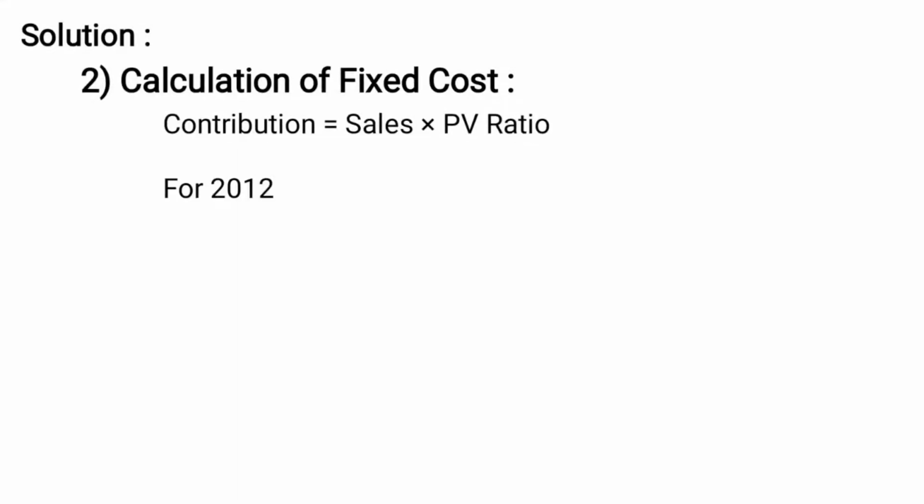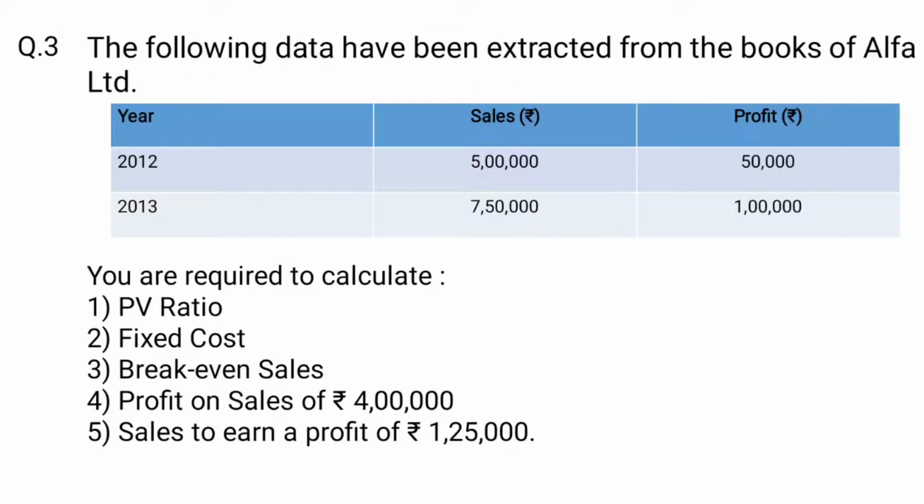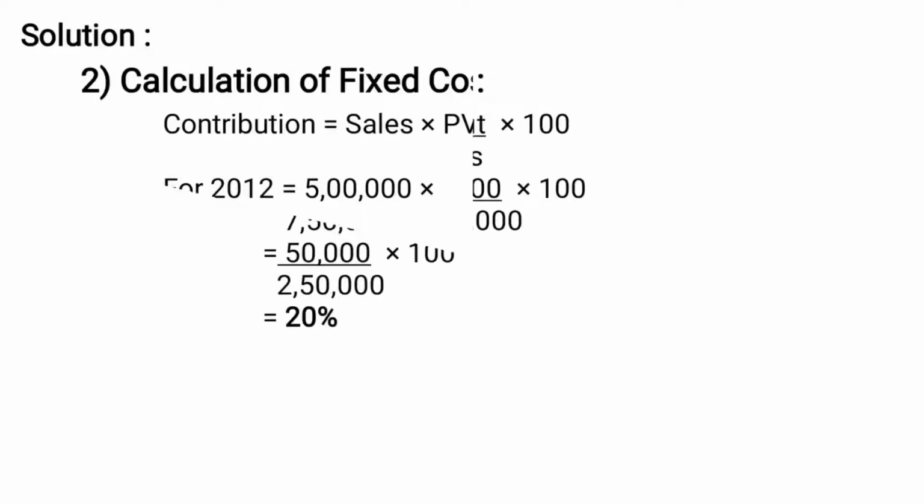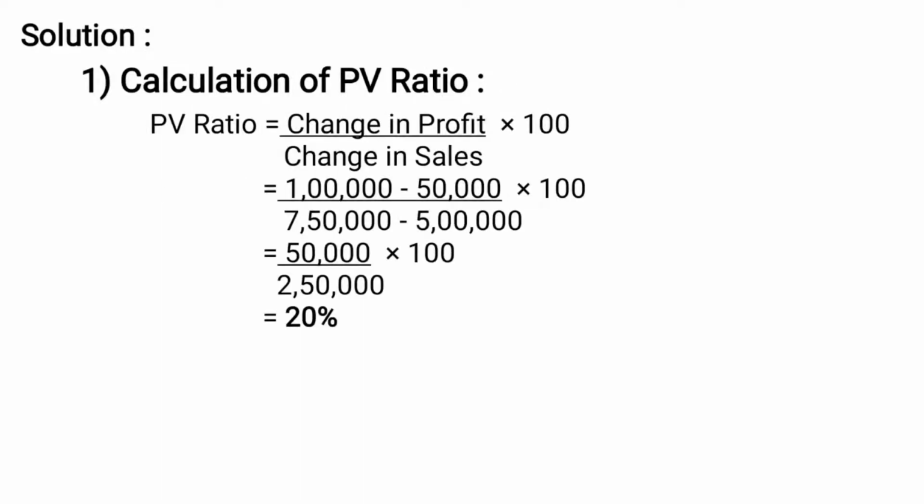Second, calculation of fixed cost. So contribution is equal to sales into PV ratio. For 2012, sales amount is given as rupees 5 lakhs. So we'll record it rupees 5 lakhs into PV ratio. So the PV ratio we have calculated as 20%.